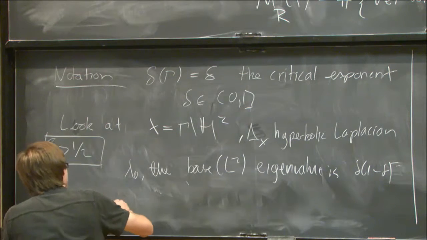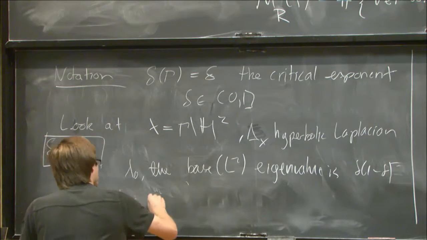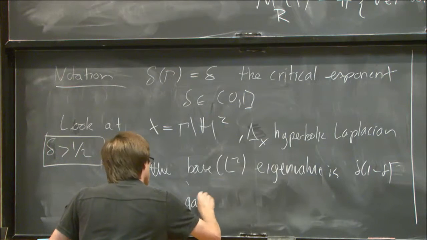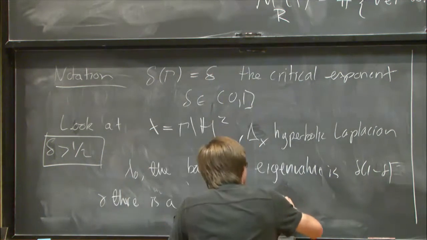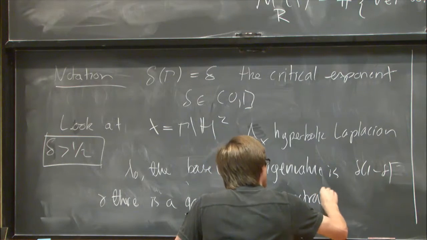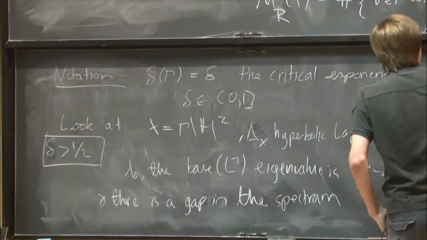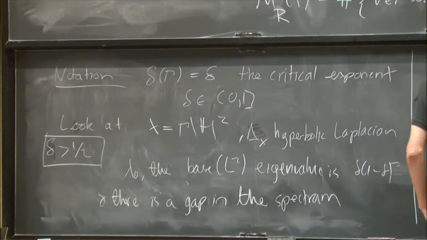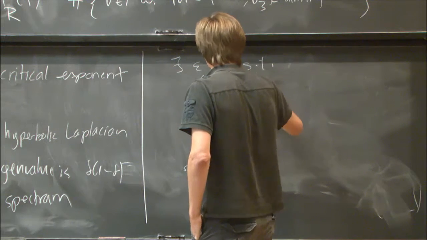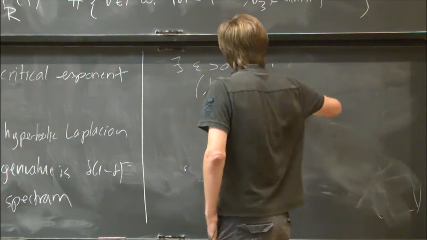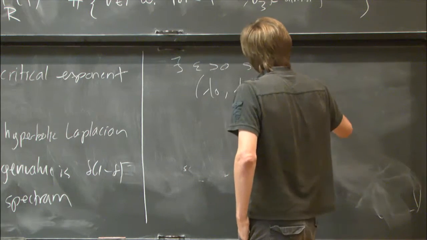And also we have a gap. There is a gap in the spectrum, which is to say that there exists epsilon greater than 0 such that the open interval (lambda naught, lambda naught plus epsilon) doesn't meet the spectrum.